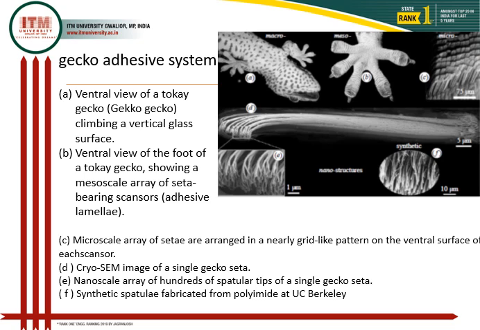The ventral view of the foot of a gecko shows seta-bearing scansors, also called adhesive lamellae. That is very important to note here. See this B figure. In the B figure, you have a mesoscale array of seta-bearing scansors, also called adhesive lamellae.